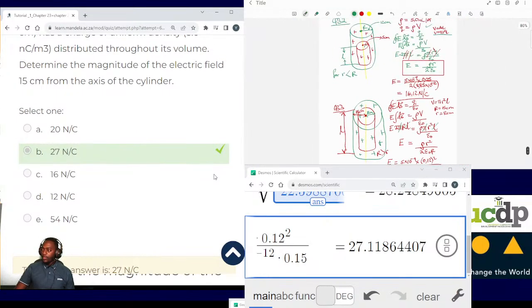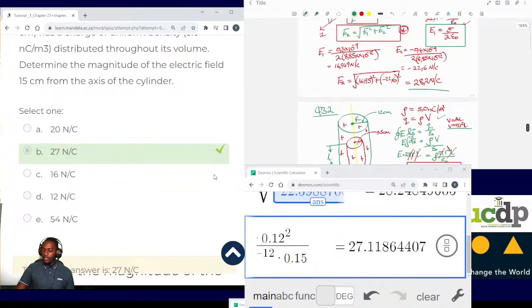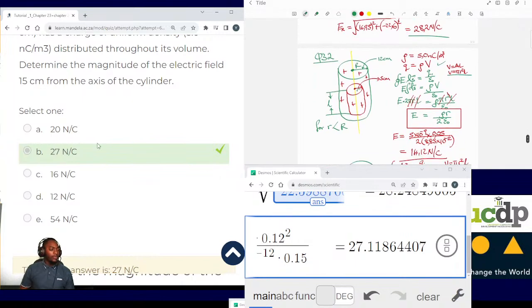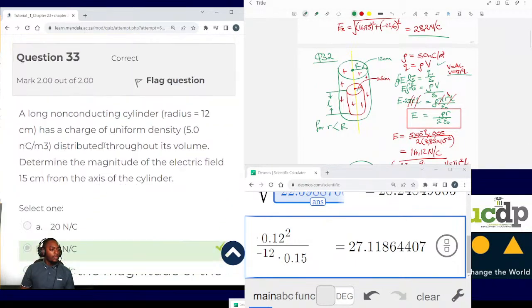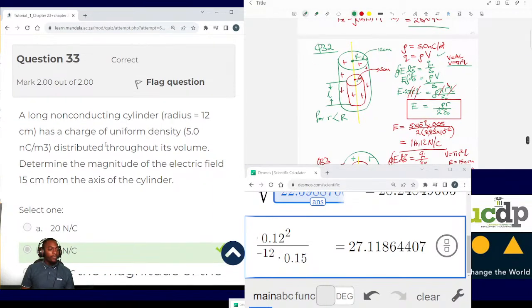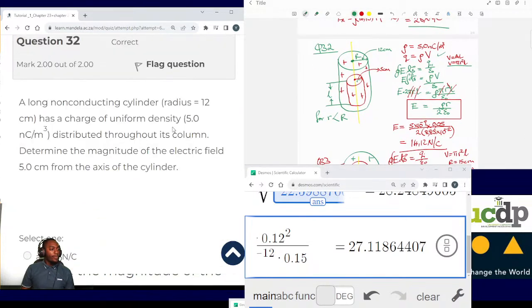So you'll take note that on question 32, was it 33? Okay. On question 32, we're calculating at 5 centimeters from the axis, right?